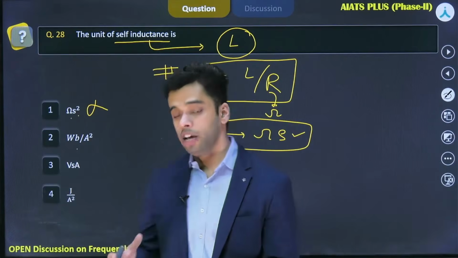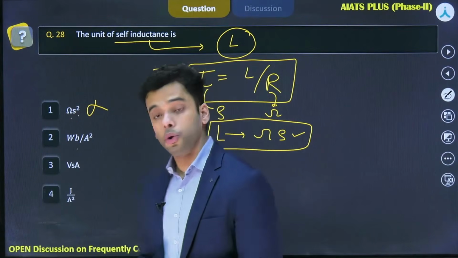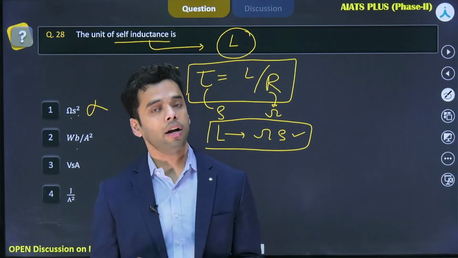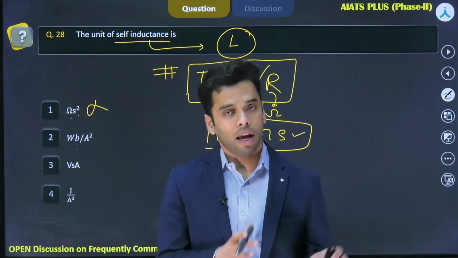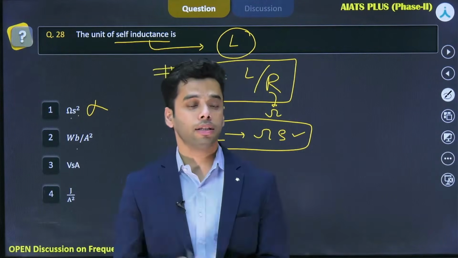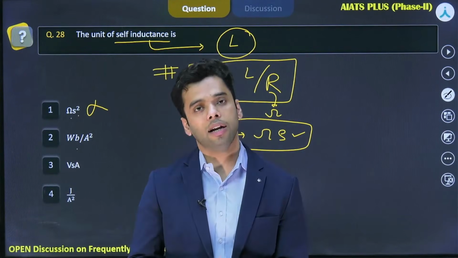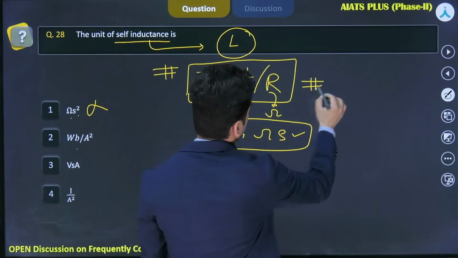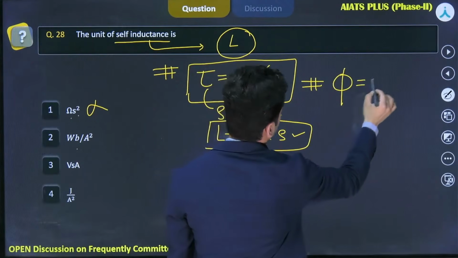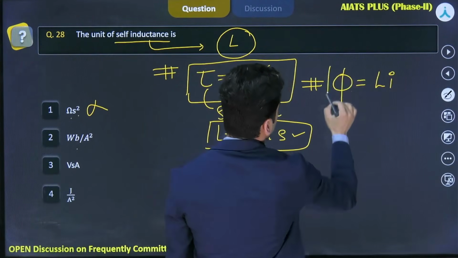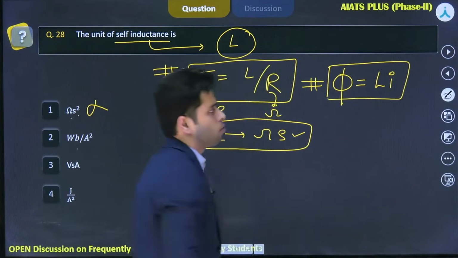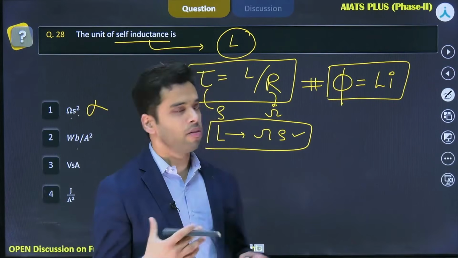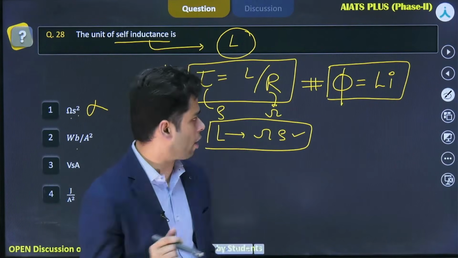Now let's head to the second. It is dealing with Weber and Ampere. Do you remember any formula which links the magnetic flux, current as well as the self-inductance? Yes, I remember one such formula. Phi, the magnetic flux, is given by L into I. This is one of the formulas that you use very intensively while dealing with electromagnetic induction.